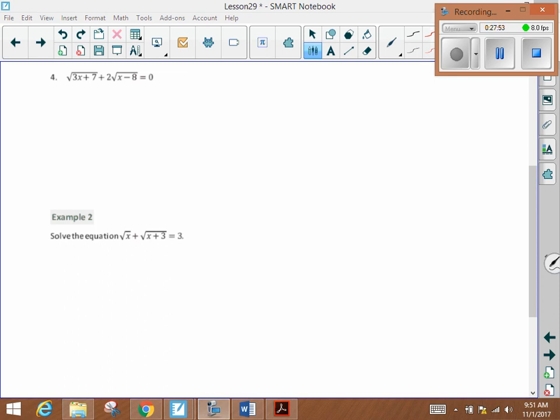I need to isolate the radical, right? A weird thing about that is that I have 2 radicals. So my plan is going to be to subtract all of this stuff.